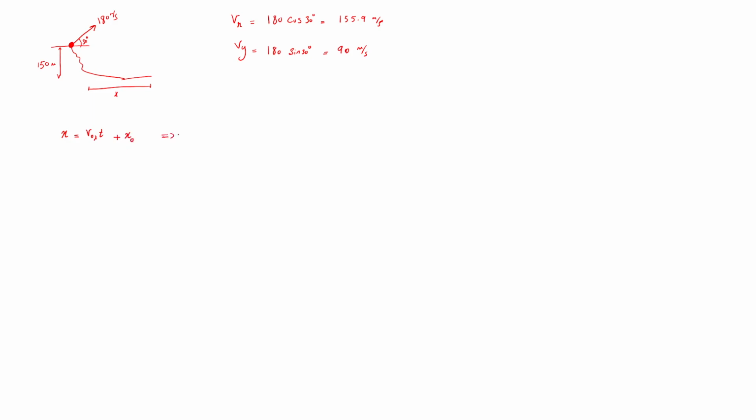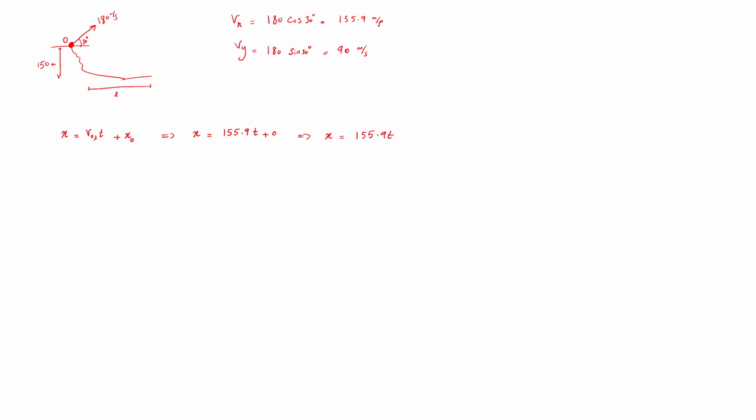So x equals the initial velocity along the x direction, 155.9 meters per second, times t, plus the initial position. If I set up my origin here, we can say the initial position is 0.